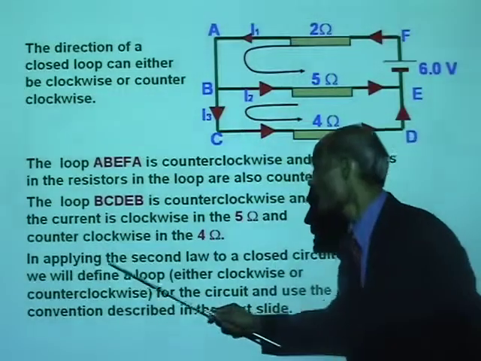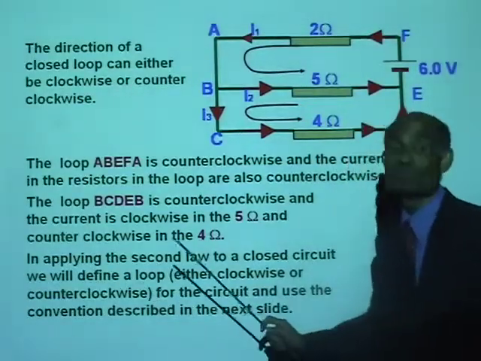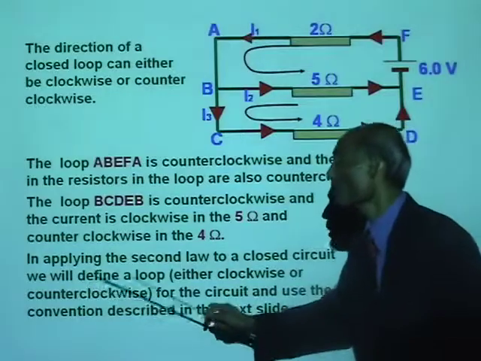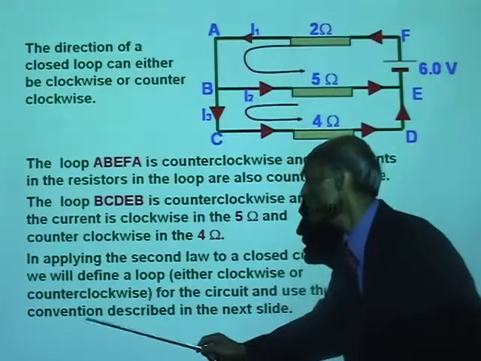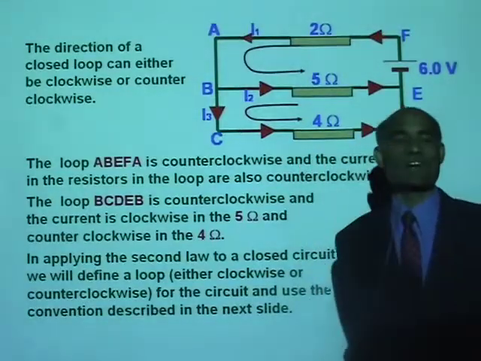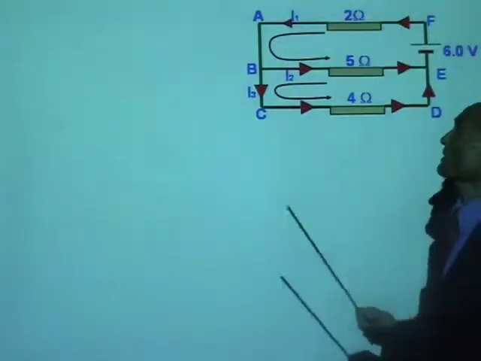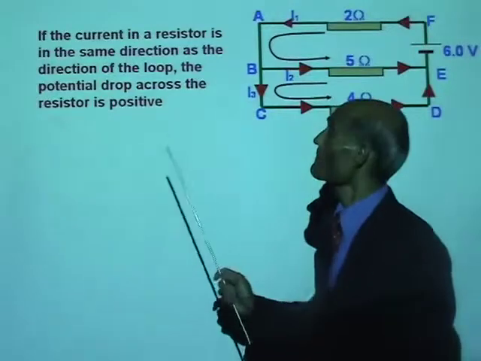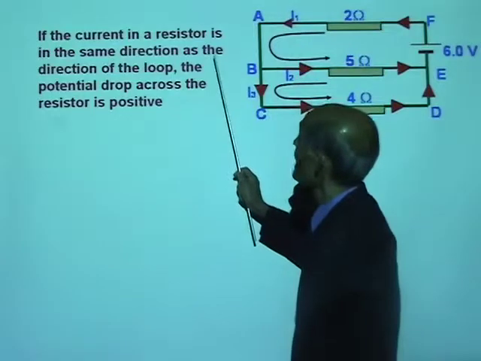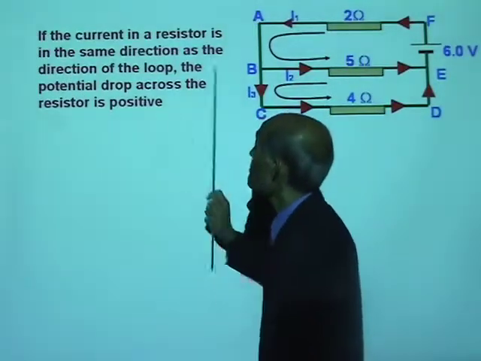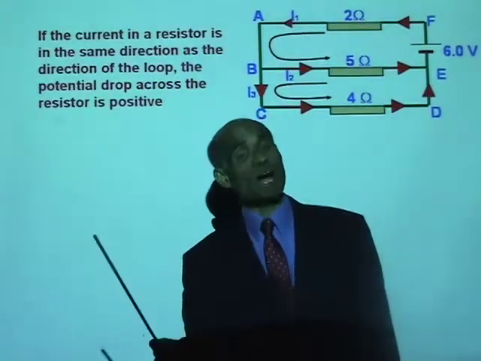Alright. In applying the second law to a closed circuit, we will define a loop, either clockwise or counterclockwise, for the circuit and use the convention described in the next slide. I want you to watch that convention very carefully and understand it. The convention is this: if the current in a resistor is in the same direction as the direction of the loop, then the potential drop across the resistor is positive.